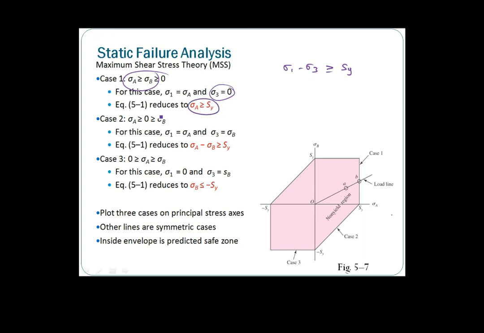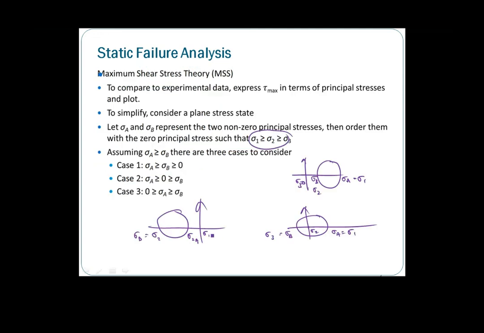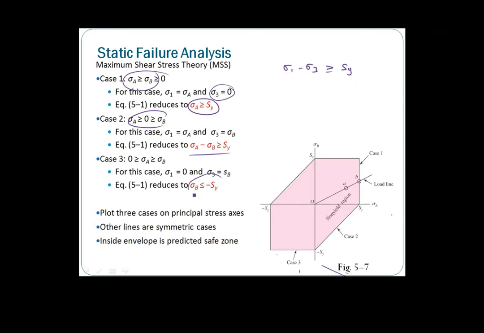For the second case, of course, sigma 1 is sigma A and sigma 3 is sigma B, so we have sigma A minus sigma B larger than Sy. For the third case, sigma 1 is 0, as we have just obtained, so we have only sigma B equals negative Sy.